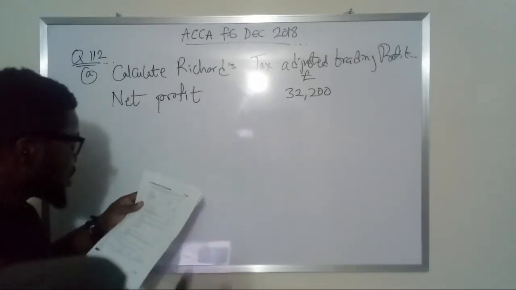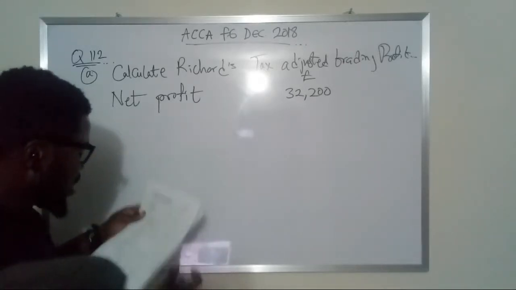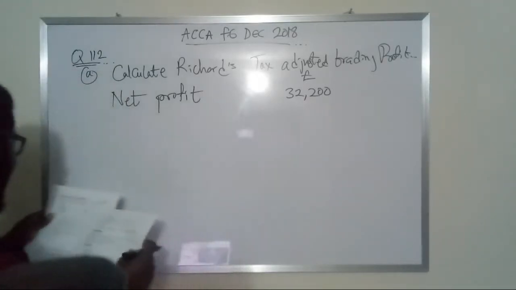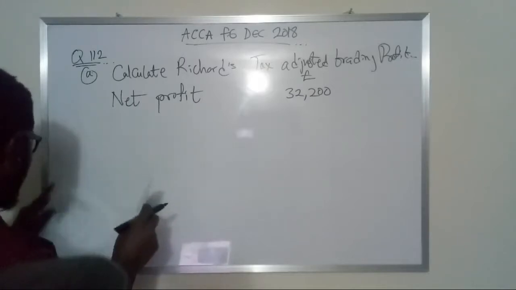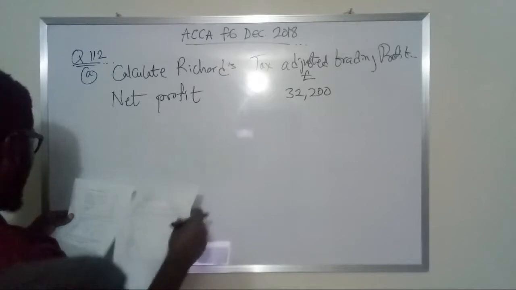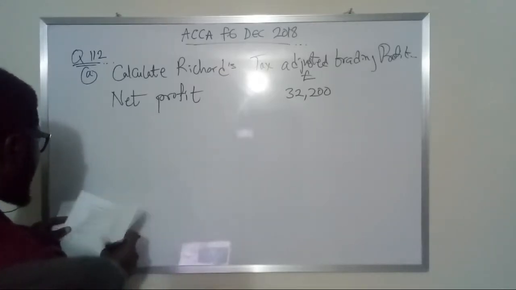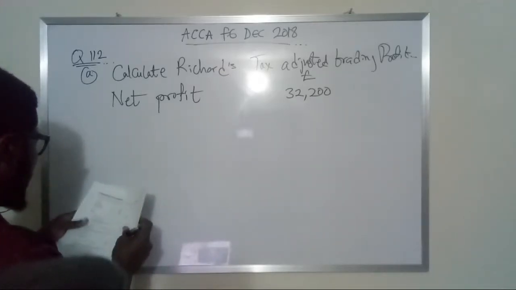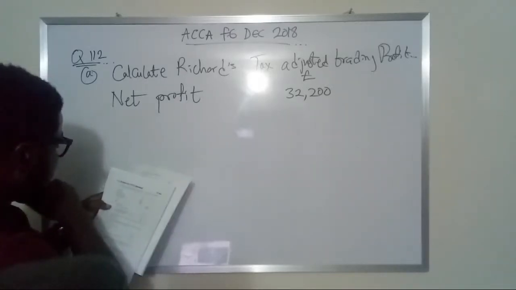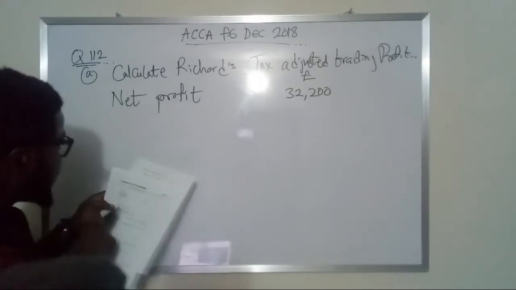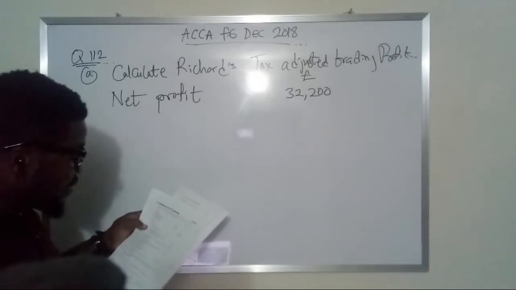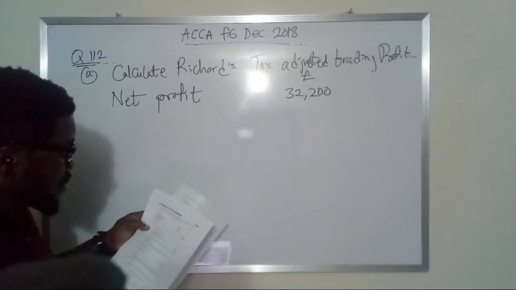Motor expenses as follows: cost of running Richard's motor car, 4,700. The cost of running the motor car used by the restaurant's chef, parking fines. Richard's motor car is used 70% for private journeys, and the chef's motor car is used 20% for private journeys.